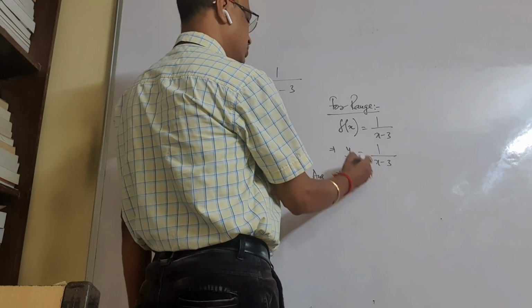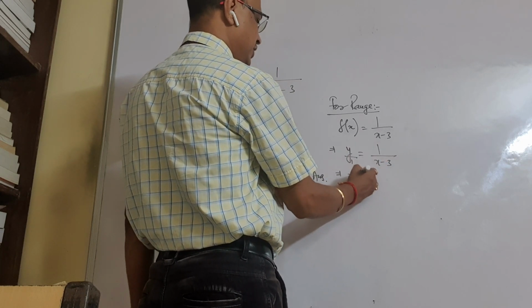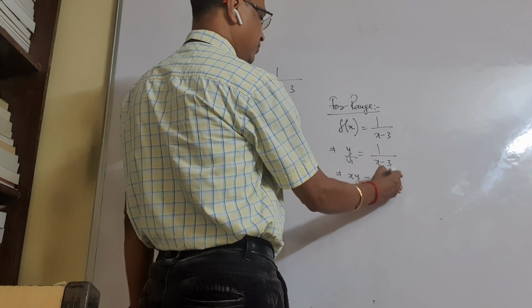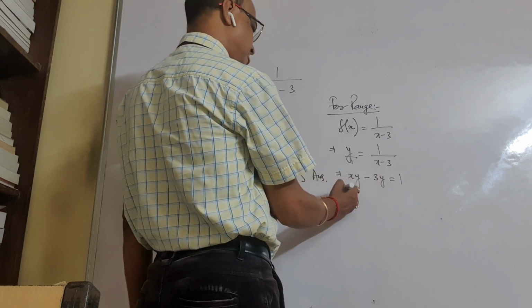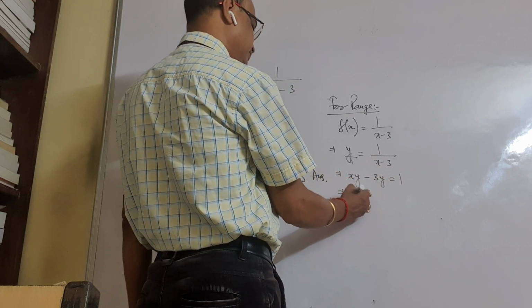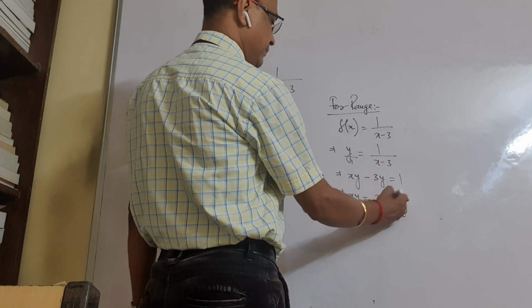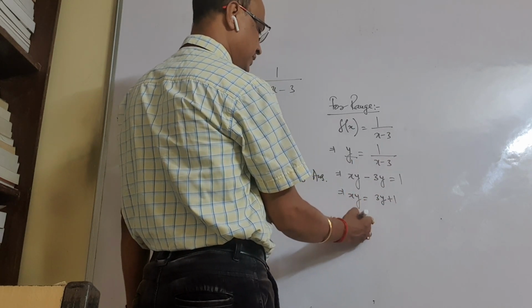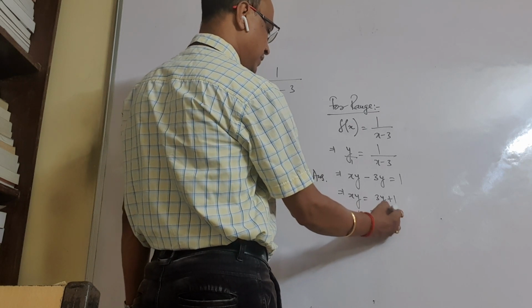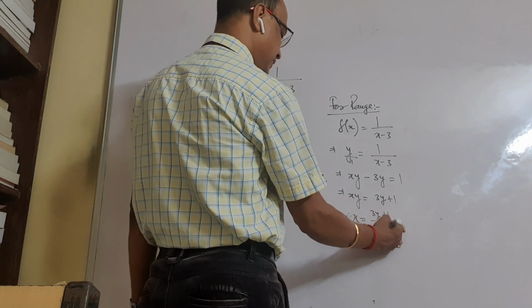If you go for cross multiplication, it comes xy minus 3y is equal to 1. Or xy equal to 3y plus 1, so x equal to (3y plus 1) divided by y.